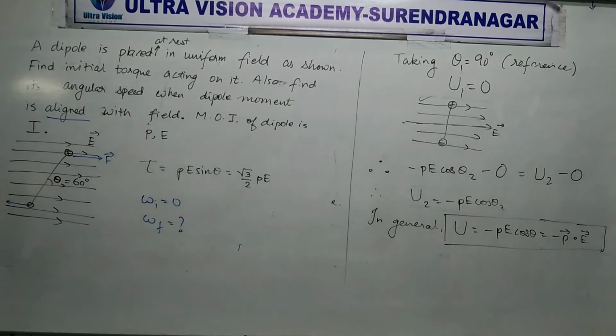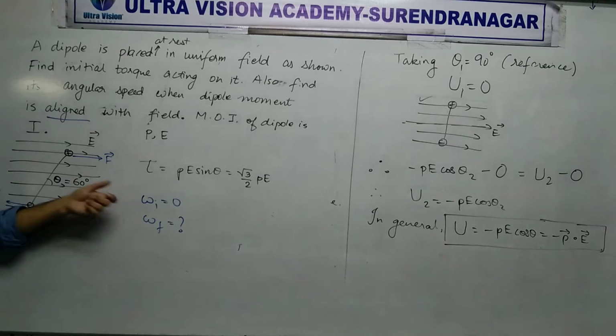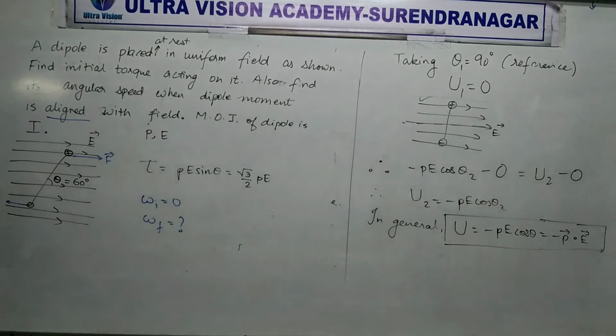From torque. What is the relation between angular speed and torque? Questions related to initial and final speed should always be tried by energy first. That is the first line of approach.